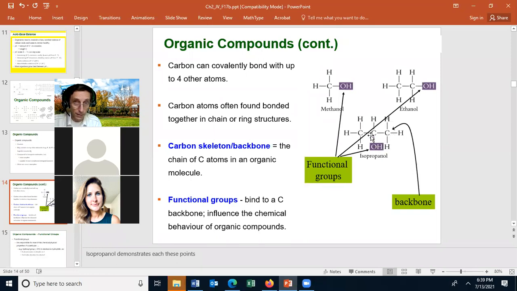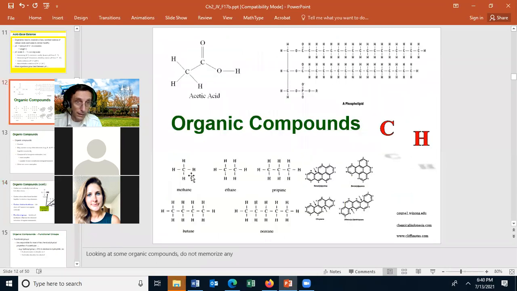And on the molecule there can be functional groups. This will be a group that gives the molecule different properties. For example, methanol has the functional group OH on it, and that gives the molecule many different properties than without the OH, which would be methane right here.